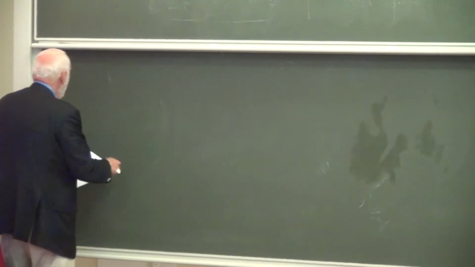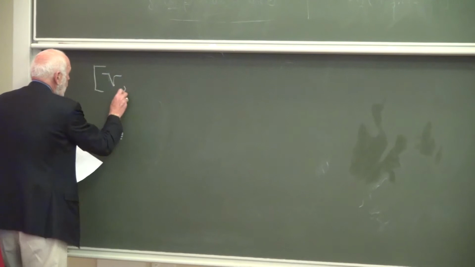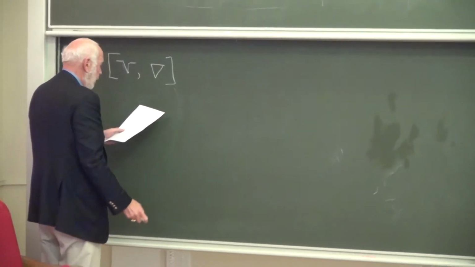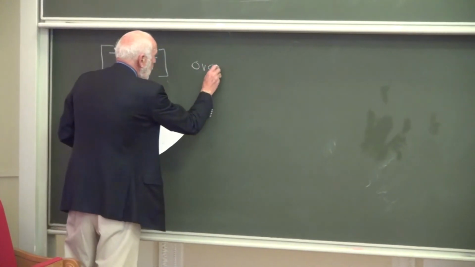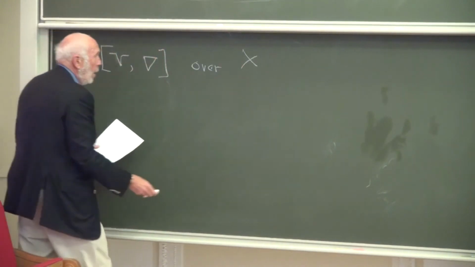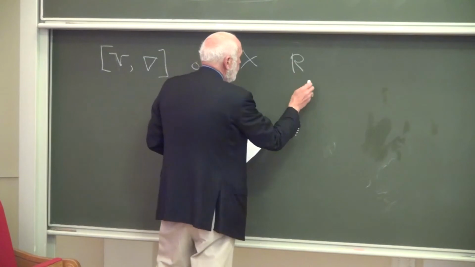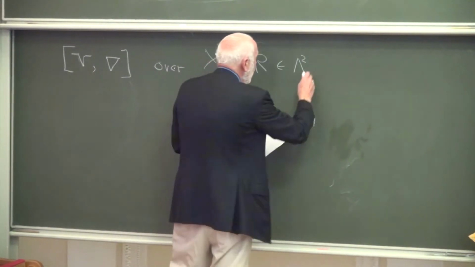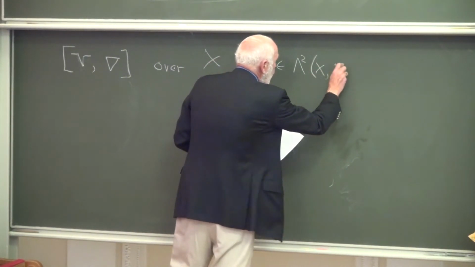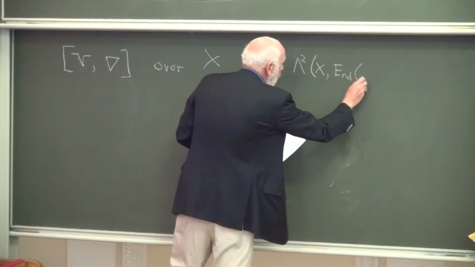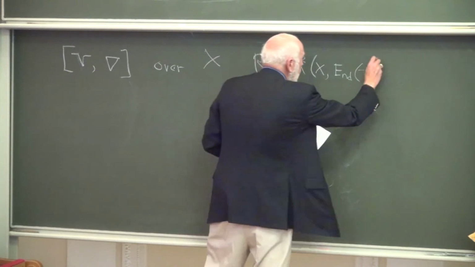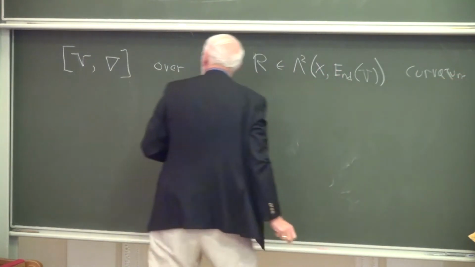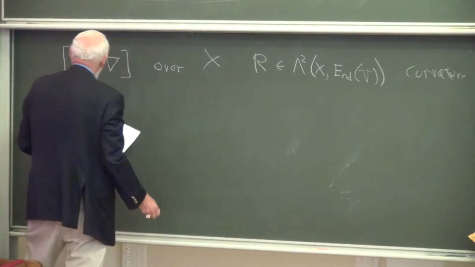So if I have a complex vector bundle V with a connection, which we'll call del, over X, we'll let R, contained in wedge 2 of X and endomorphisms of V, be the curvature. And that's the notation.